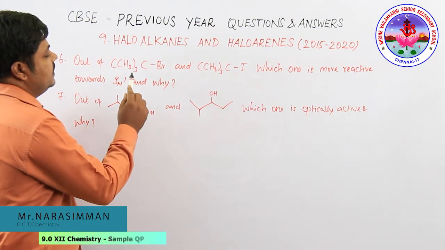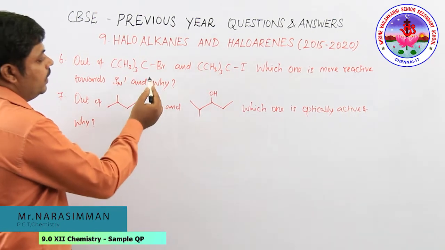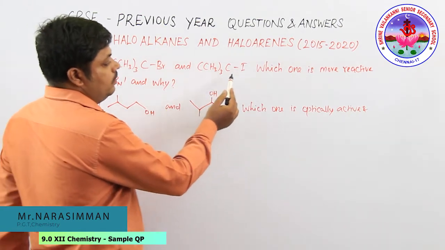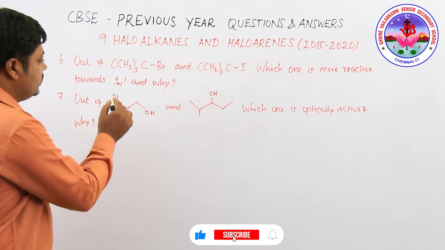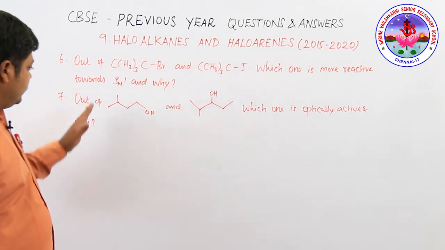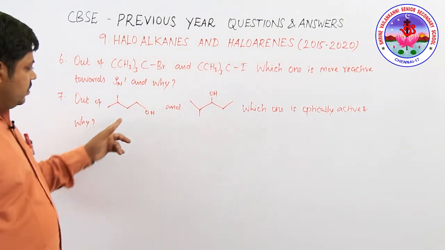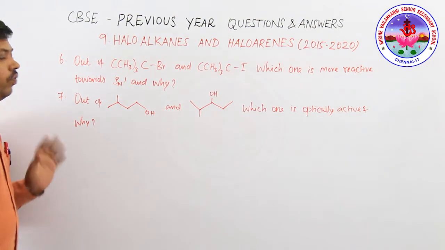See, look at this question. Out of tertiary butyl bromide, (CH3)3CBr, and tertiary butyl iodide, which one is more reactive towards the SN1 reaction and why? Then the second question: out of these two compounds given here, which is optically active and why?